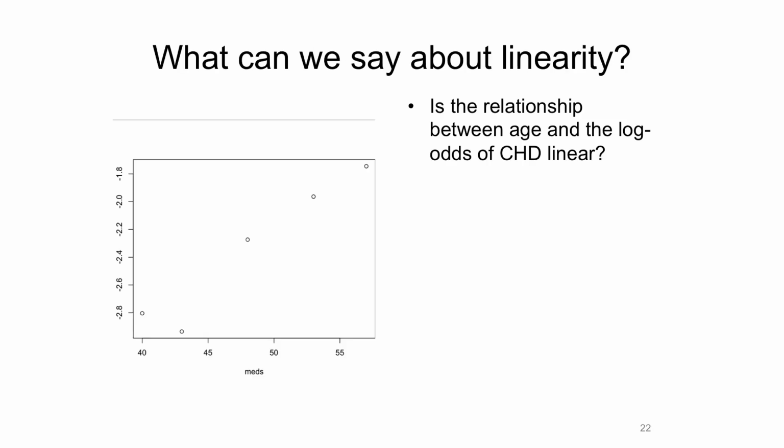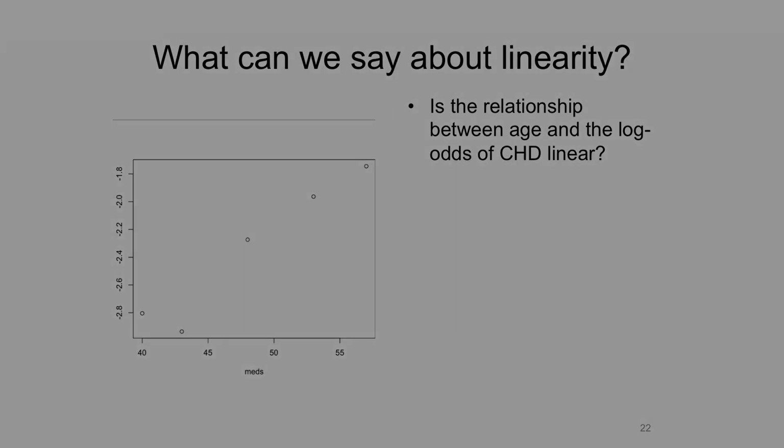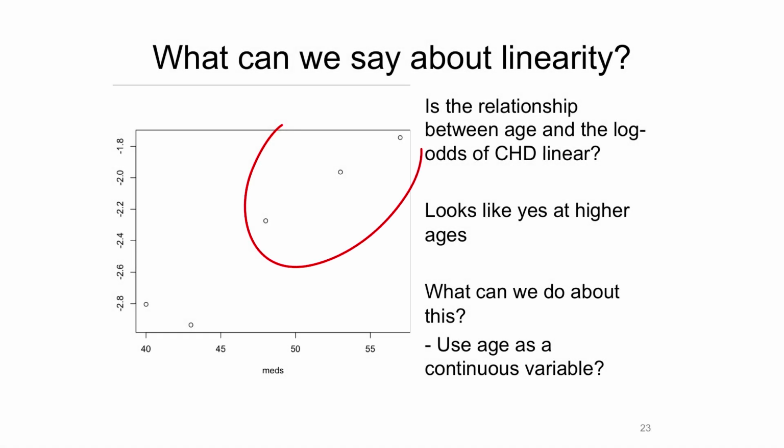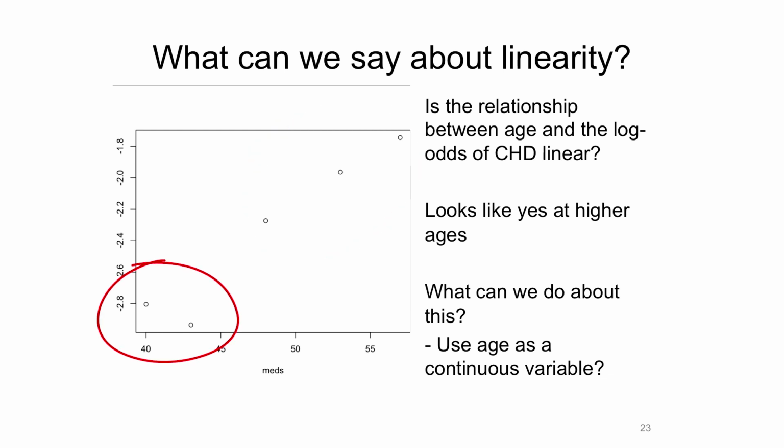So what can we say about linearity with this example? Is the relationship between age and the log odds of CHD linear? The relationship looks pretty linear at the higher ages, but it appears to be nonlinear at lower ages. So what can we do about this?